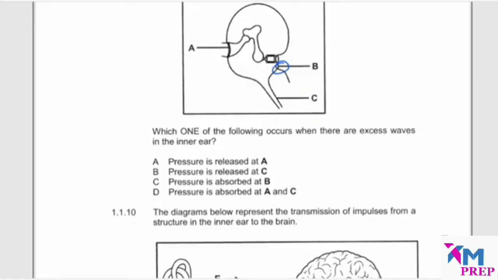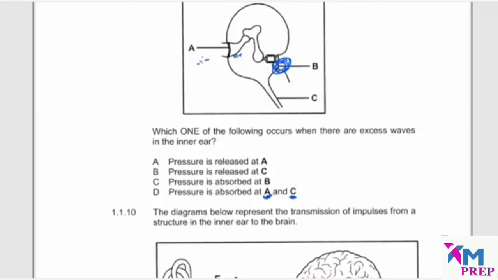So remember that the round window occurs, it releases pressure in the inner ear. But they are saying that pressure is absorbed at A. It can't be absorbed at A. And C, this one equalizes pressure on either side of the tympanic membrane.